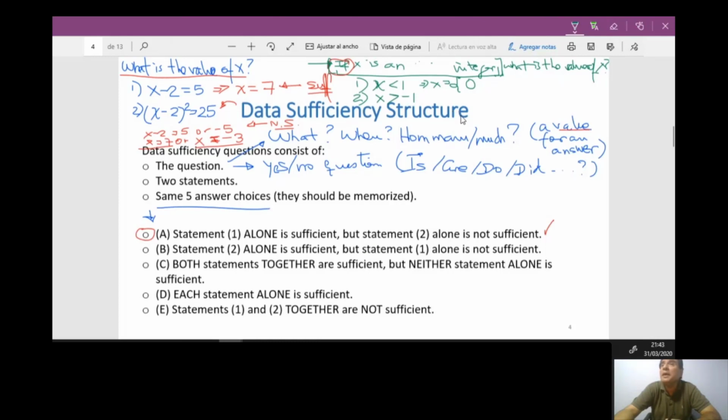Thank you, Maria Pia. Other possible values that x could take, what would they be? Can anyone tell any other? What other integers are there that are less than 1?